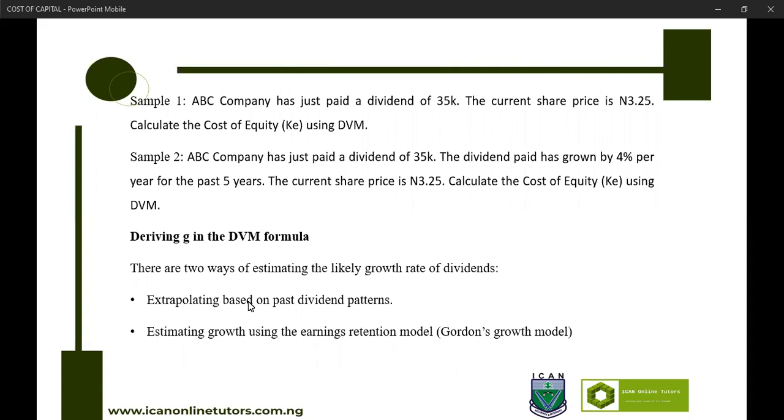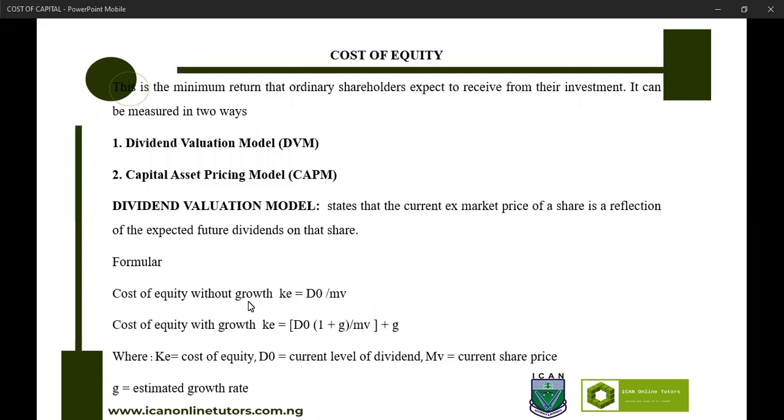Another means is that if we were given the market value of equity and we were told that the current dividend is yet to be paid, that means we need to deduct the current dividend from the market value for us to get the market value of equity ex dividend, that is excluding dividend. I hope we get that.